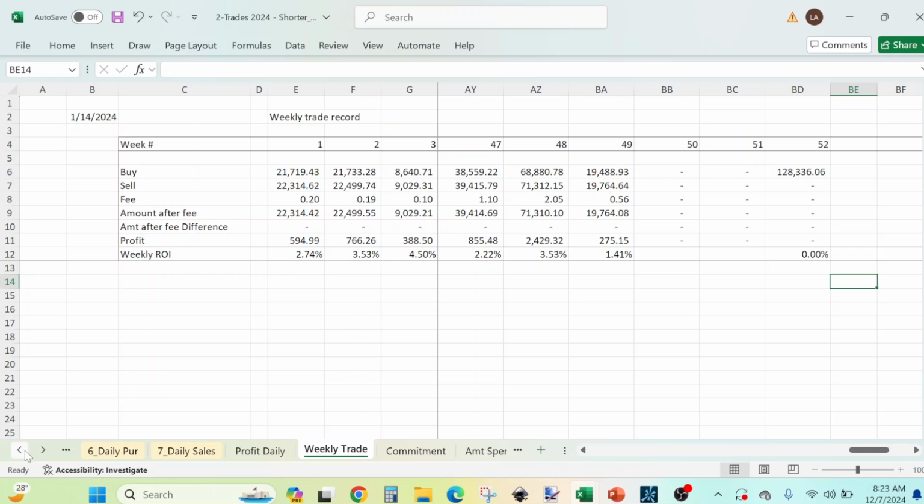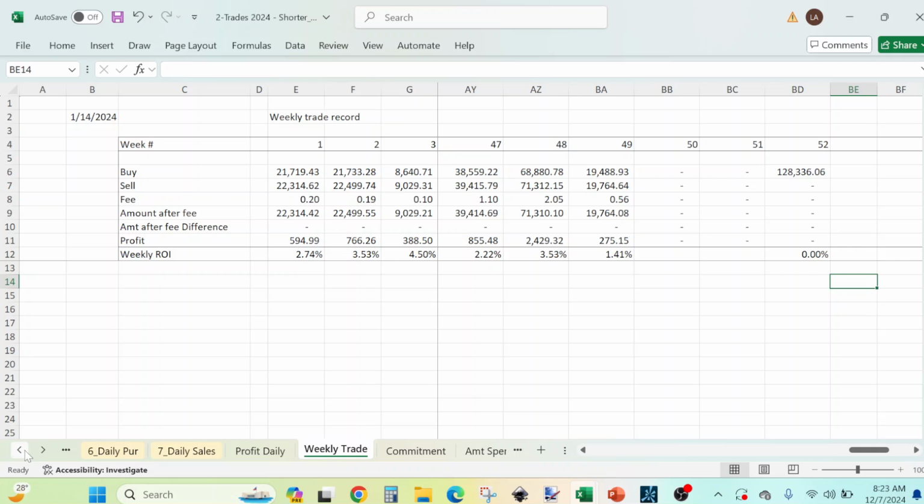But if we go back to our weekly trade, because it's targeting the week from the sold section, it is capturing the sales of the stocks that we sold that week, which is perfect because that's what I want to track here. That's why this profit is matching, no, not the monthly, but it's matching our weekly profits, and it is allowing us to calculate our third option of ROI as well.